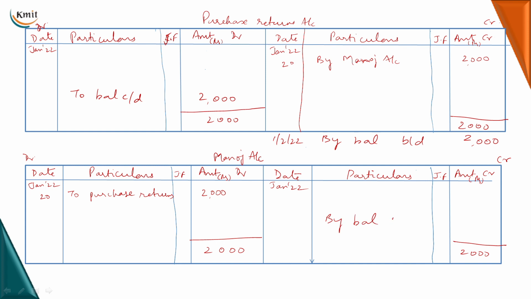By balance carried down or forward, to balance brought down, it is 2,000.